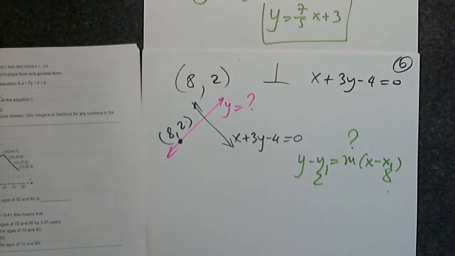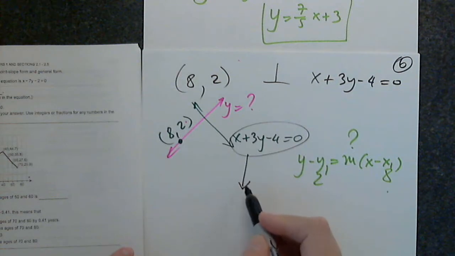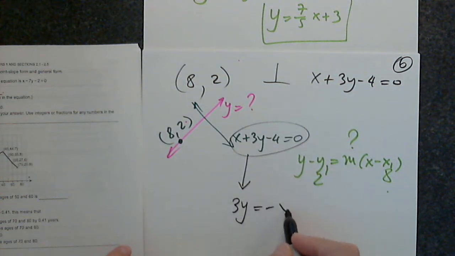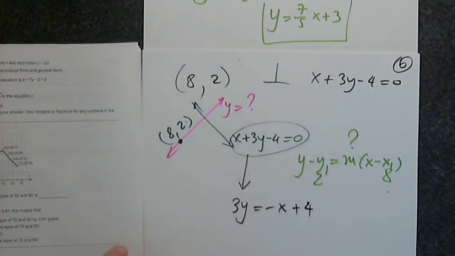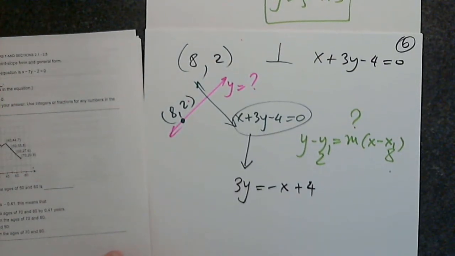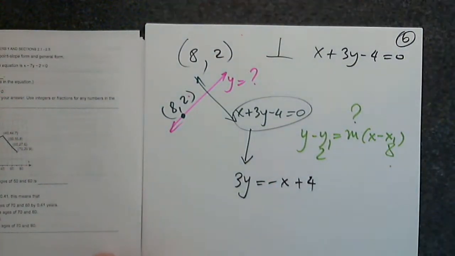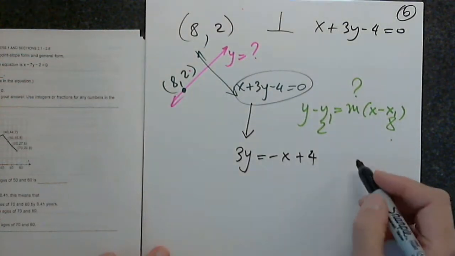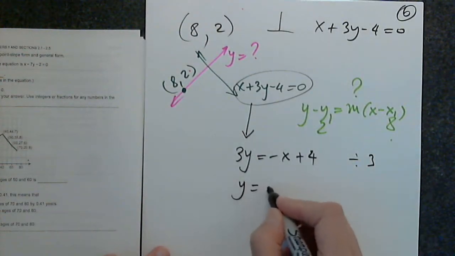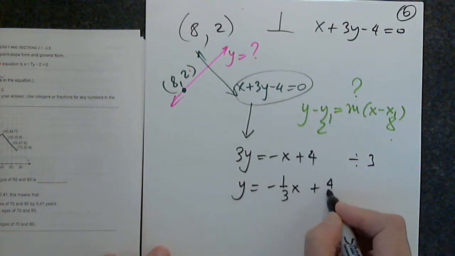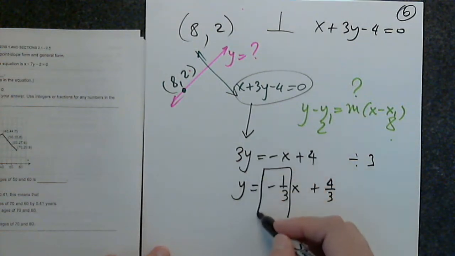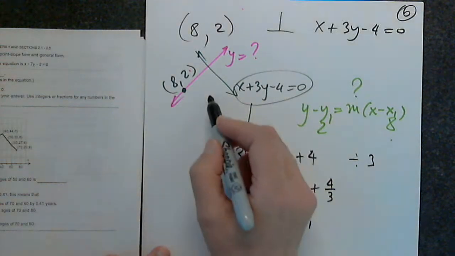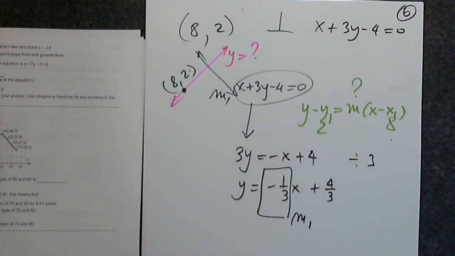Yes, I will be solving this equation for y. 3y equals negative x plus 4. And we have to do what next? Divide both sides by 3. So then y equals negative 1/3 x plus 4/3. I identify the slope m1. This is the slope m1. The question is, how do I find the slope m2?